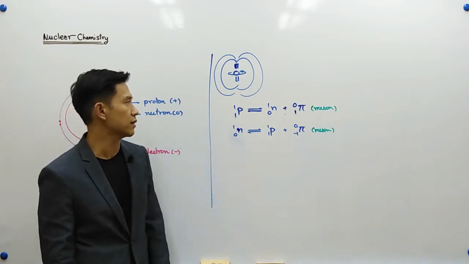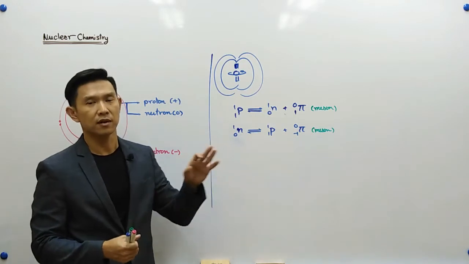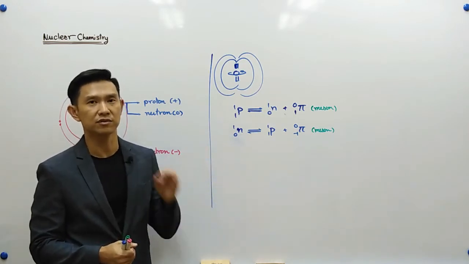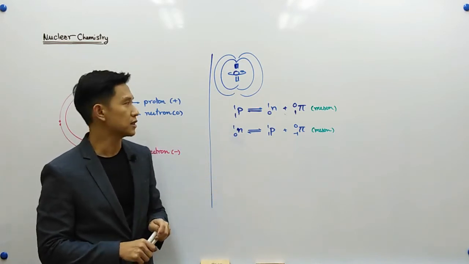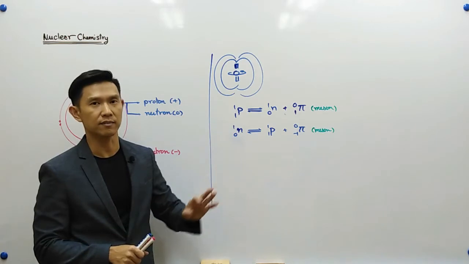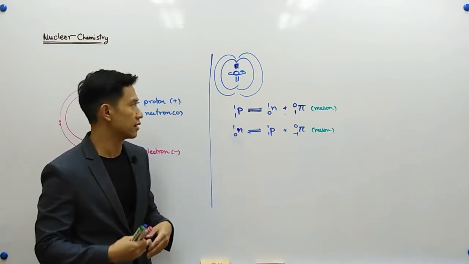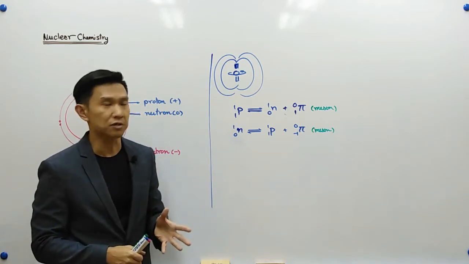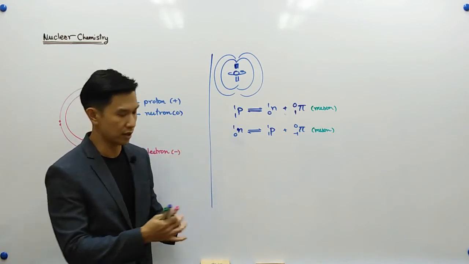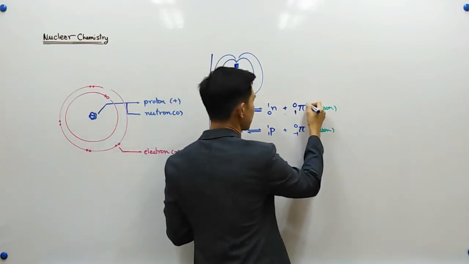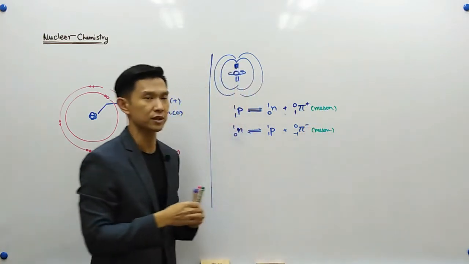What differs between the meson and the electron is the mass. Even though the mass number is 0, meaning it's closer to 0 AMU, it actually has some mass. But the mass of the meson is about 100 something times greater than the mass of the electron. So it's not the electron itself, it's something else which is more massive compared with the electron. We can also identify it by putting positive and negative meson here.